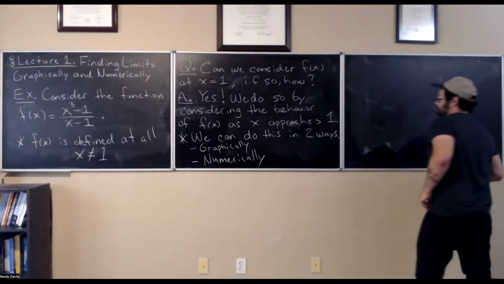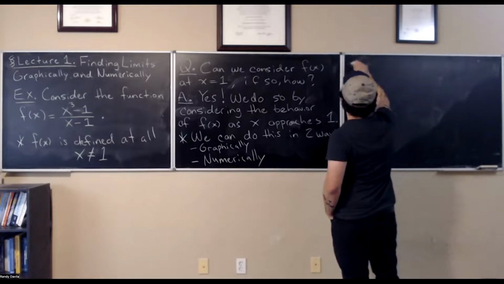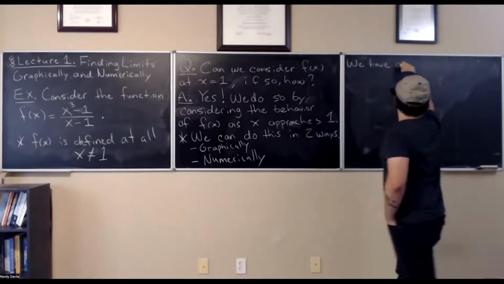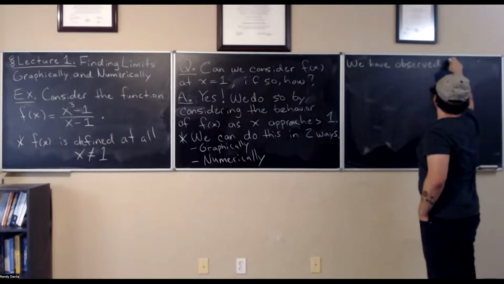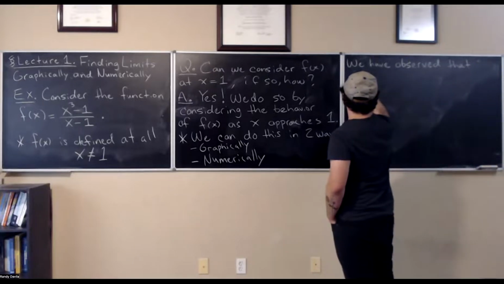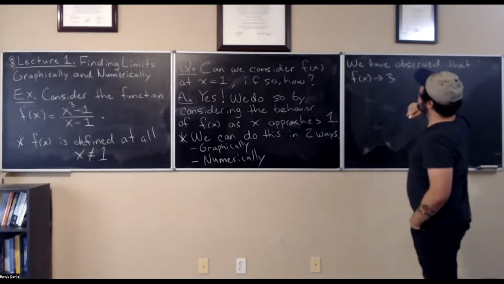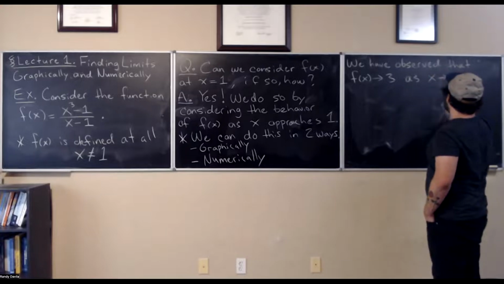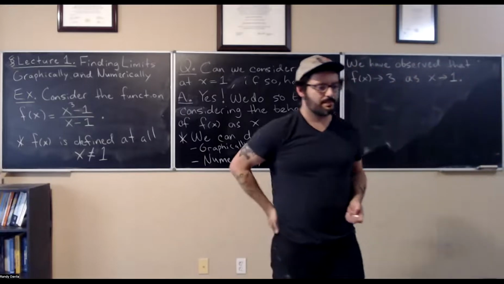What this is telling us, so we've observed, is that f of x is going towards 3 as x goes to 1. That's what we've observed. Okay.